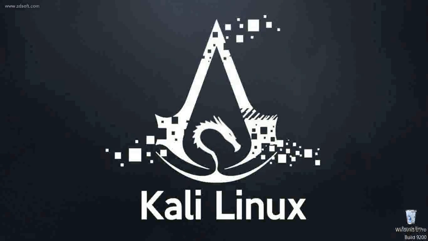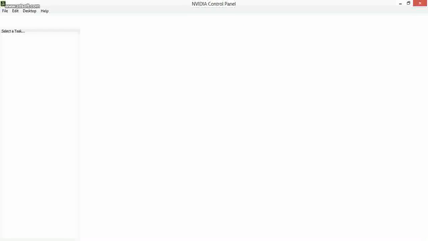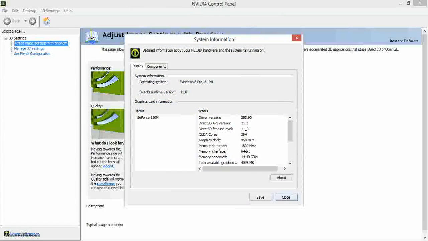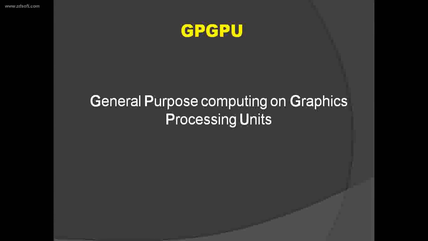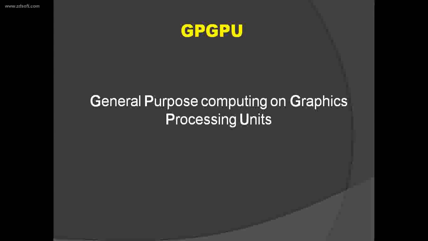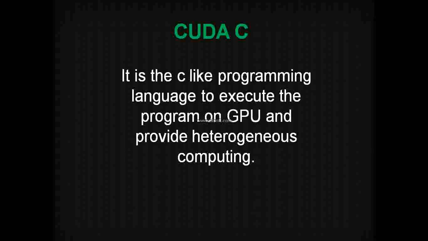In the NVIDIA control panel, the information about the system, you can see it has 384 CUDA cores. 384 CUDA cores. Okay. CPUs have clock speeds in gigahertz. GPUs have clock speeds in megahertz.